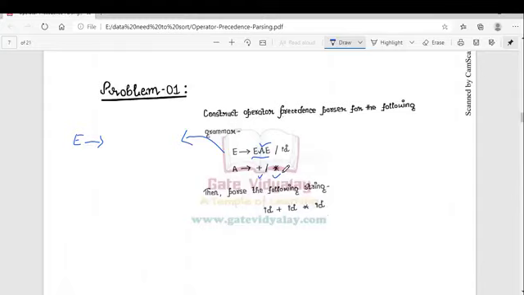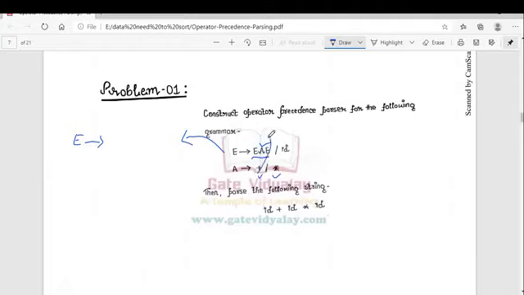Not every grammar can be converted into an operator precedence grammar, only some of them can. And what are the rules to convert a grammar into operator precedence grammar? For that, we have to replace the non-terminal with its productions.